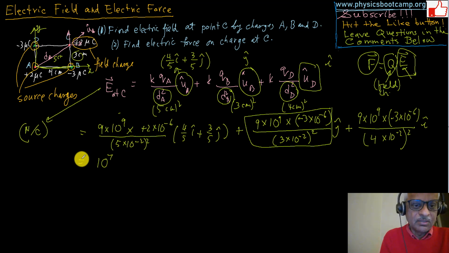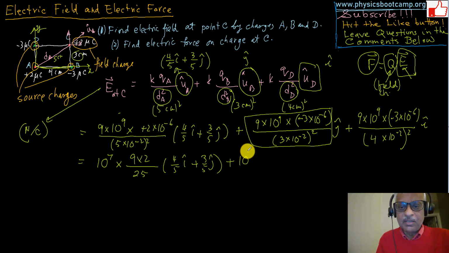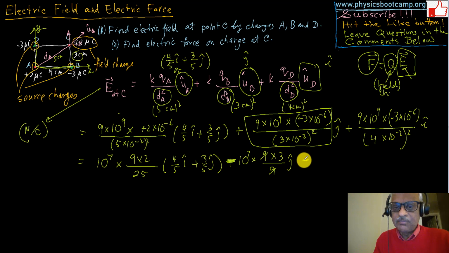So this 10 to the 7, we just write down 10 to the 7 times 9 times 2 over 25, times 4 over 5 I hat plus 3 over 5 J hat, and this will be 10 to the 7 again times 9, and this is going to be minus, because of minus 9 times 3 over 9, so you can cancel that out, J hat, minus 10 to the power 7 times 9 times 3 over 16 I hat.